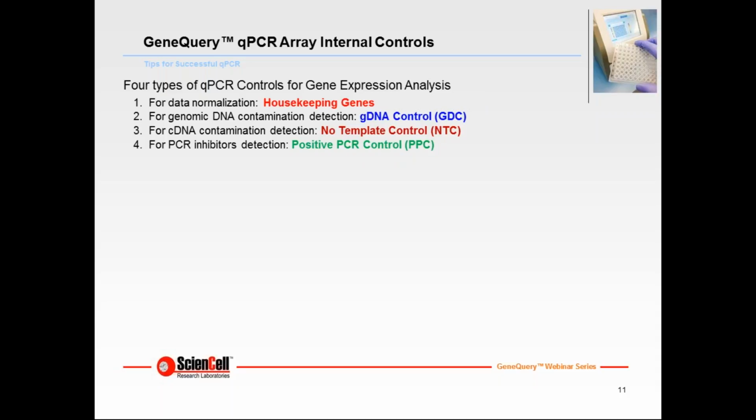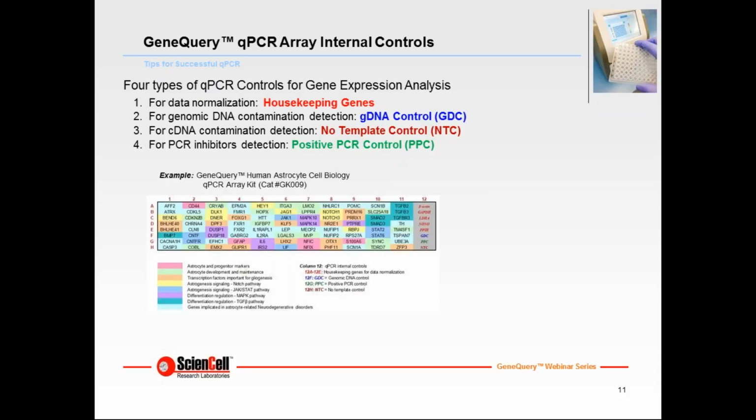When performing gene expression analysis, make sure you have all the controls required for trustworthy and meaningful data. For example, this is the layout of our GeneQuery human astrocyte cell biology qPCR array kit.